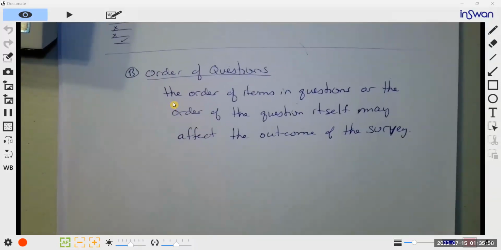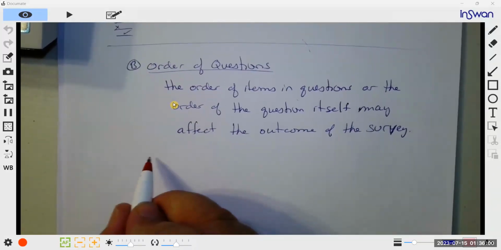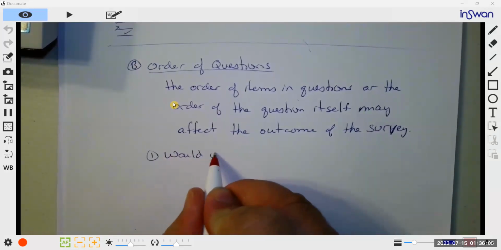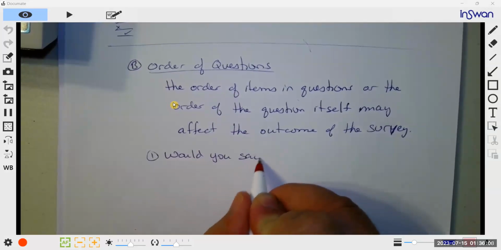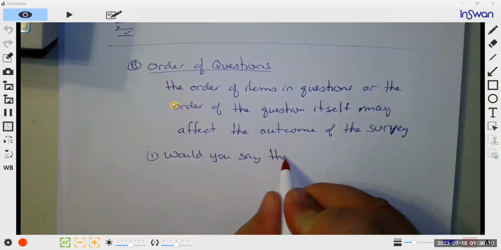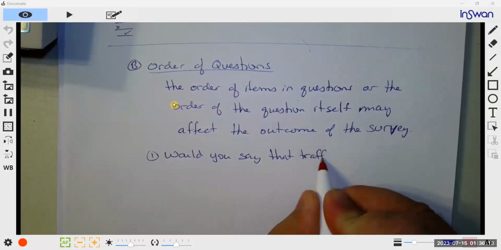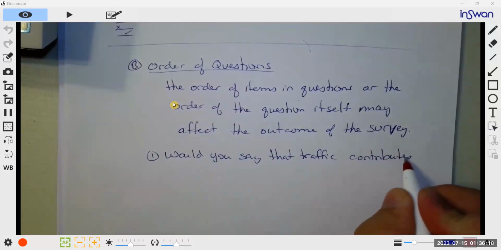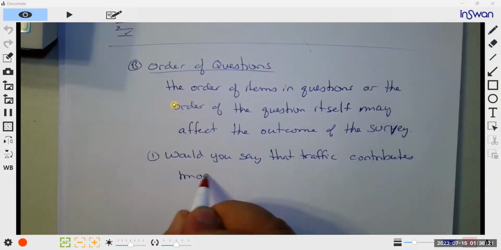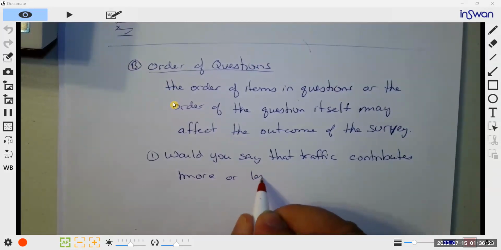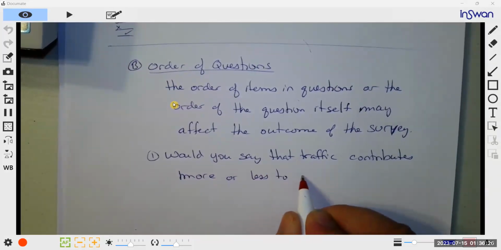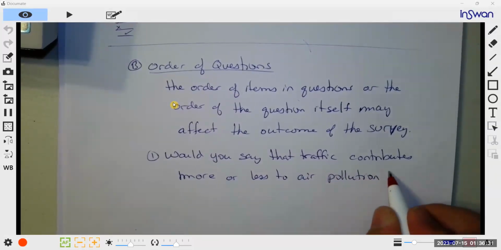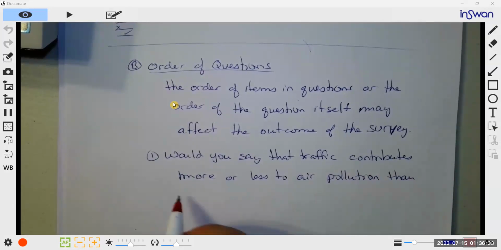Here are the examples here. Would you say that traffic contributes more or less to air pollution than industry?